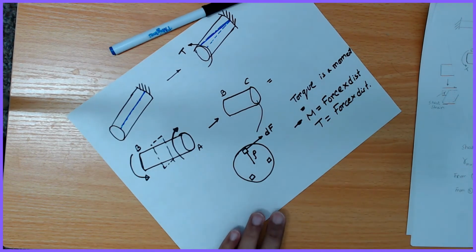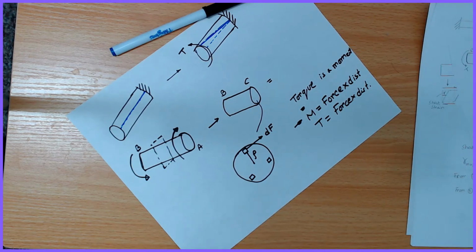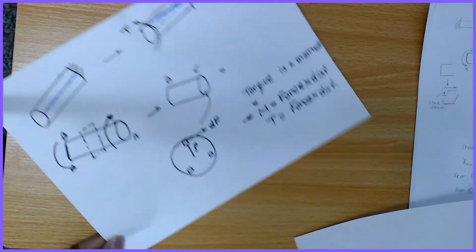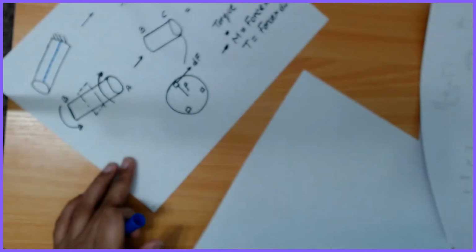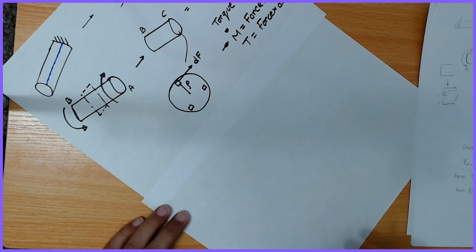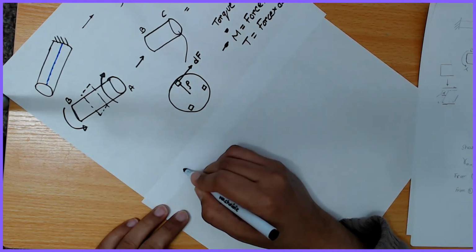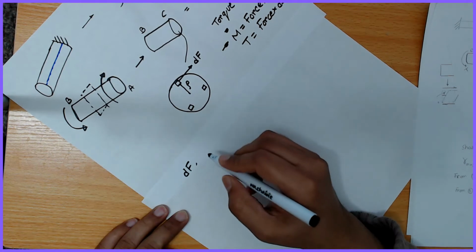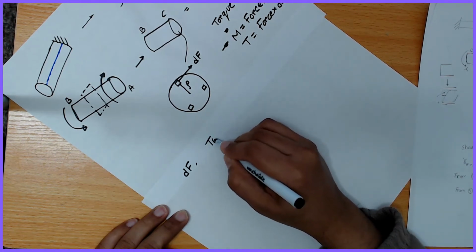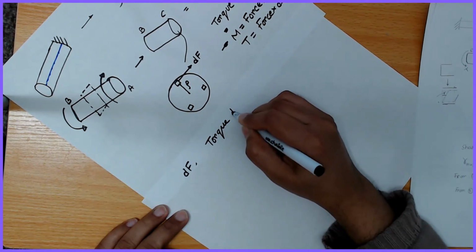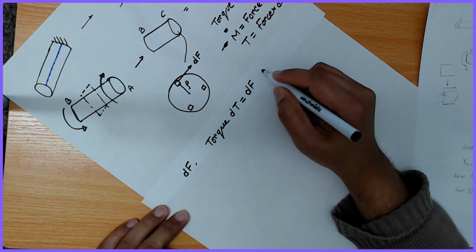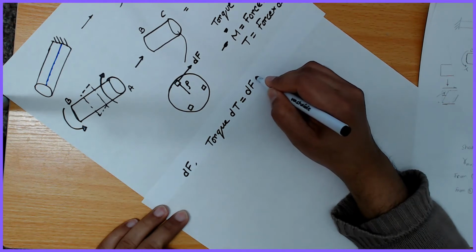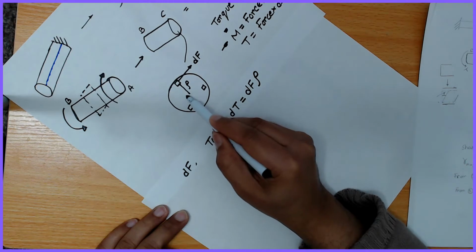Now in this particular case where force is dF, the torque dT is dF, which is the elemental force, multiplied by this distance.